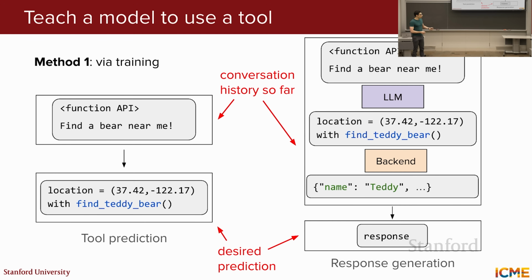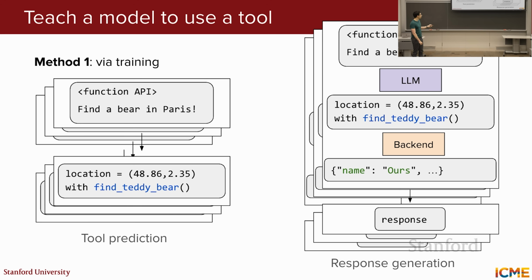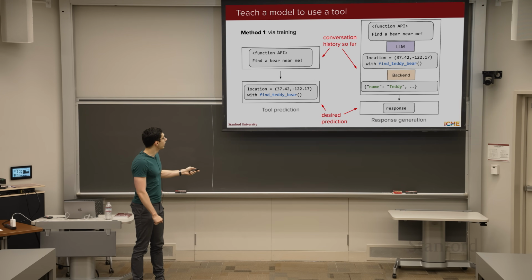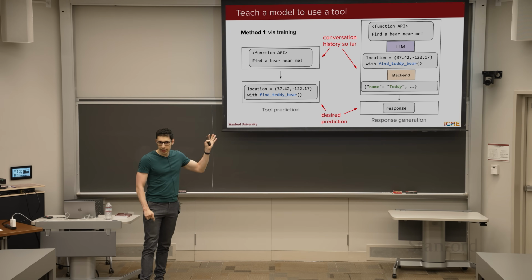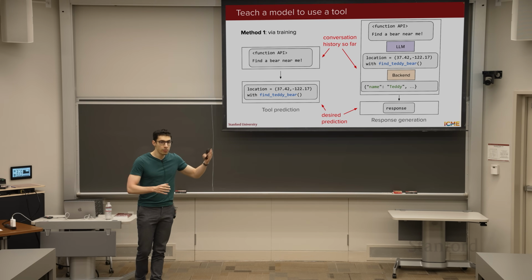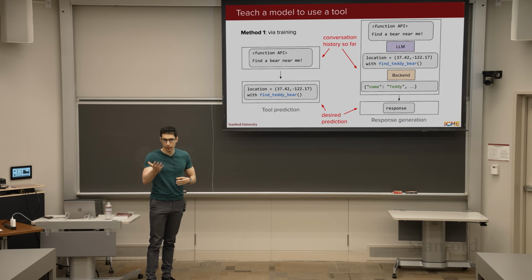Okay, awesome. So this is what I just mentioned. The conversation history so far is always what you get as part of the inputs, and then the output is what you would want the LLM to predict at that given stage. And since you're doing SFT here, you don't have just one, but multiple such examples. And you would want your examples to be varied and representing the typical user distribution. So I was asking, find a bear near me, and this example showed the model how you could ground the information of location based on the user's location, even though you didn't give it.